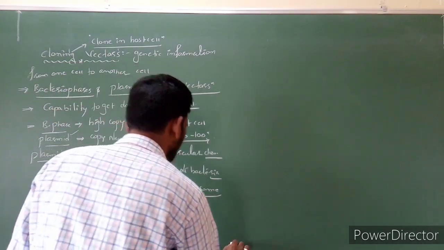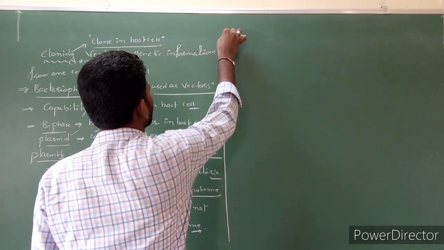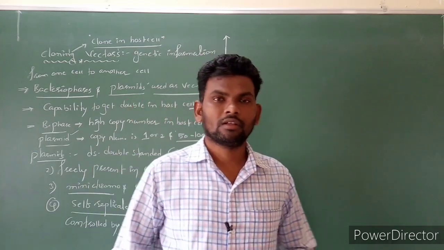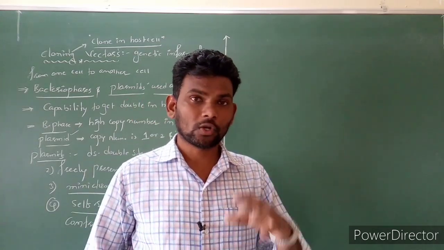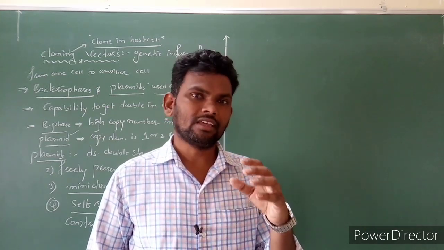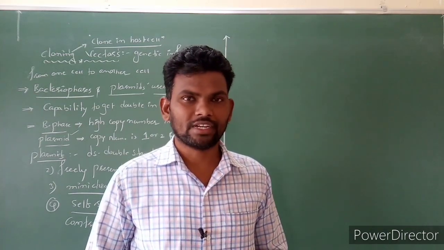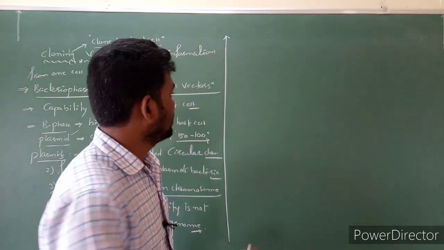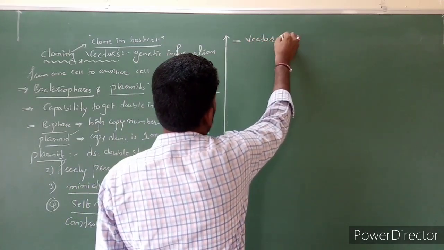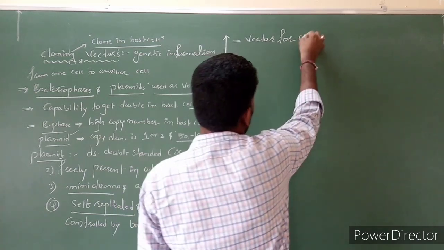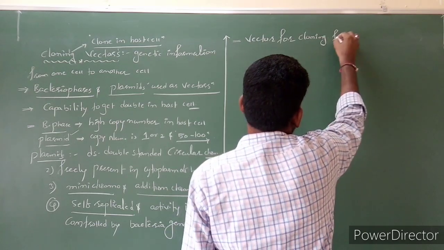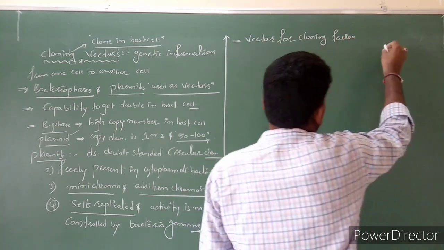Next, the cloning vector. The cloning vector should contain some characters, then only we can use it as a vector for recombinant DNA technology. When we are using a vector for cloning, it should contain the following characters.